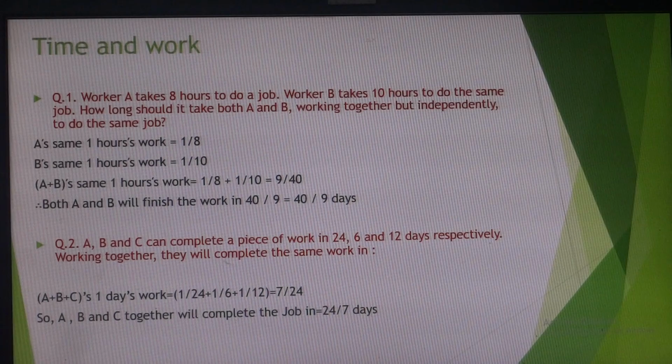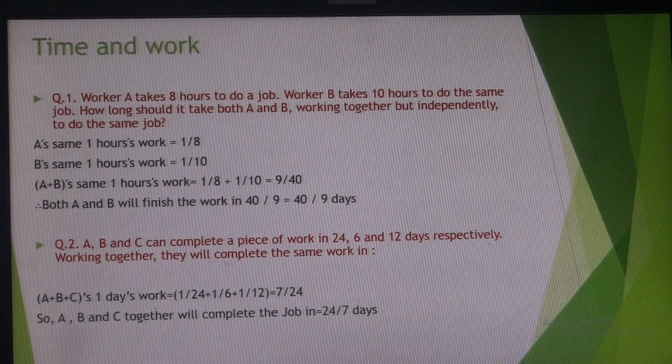It's considered that the complete work done is 1, and 1 is to be divided by the time taken by any worker, and you get the work done by a single worker in one hour.